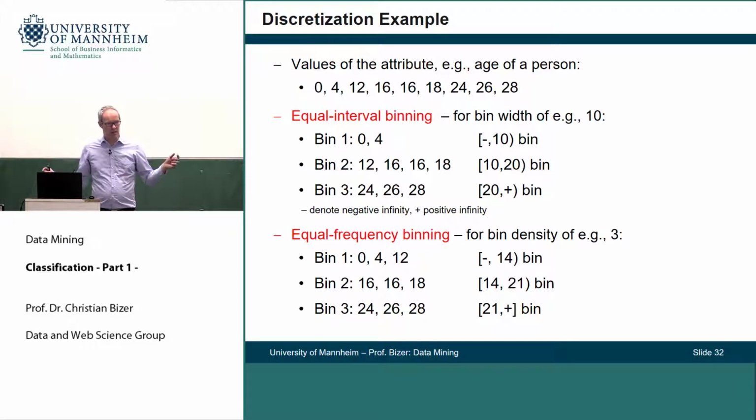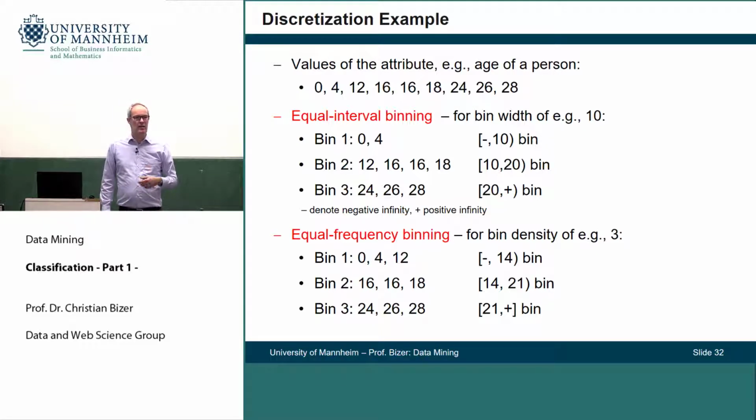So we have these values. For putting them into buckets, we could either apply equal interval binning. So basically, we take the value range. We have equal width buckets. Here, 0 to 10, 10 to 20, or 20 to 30, or as far as we go.